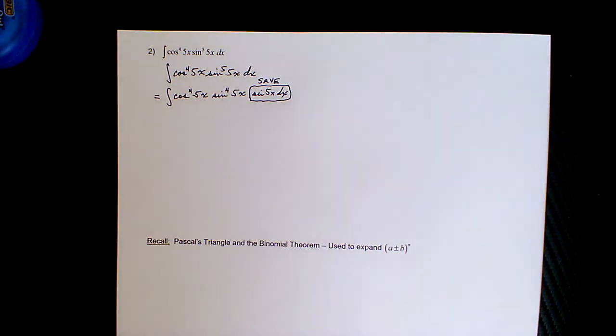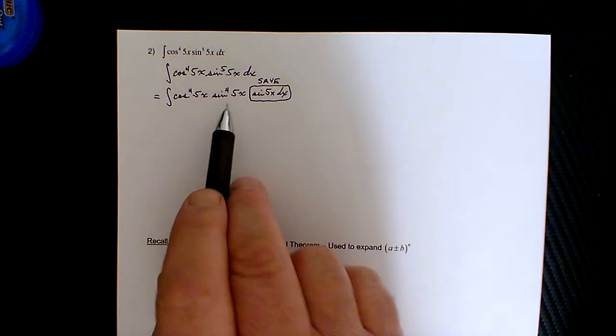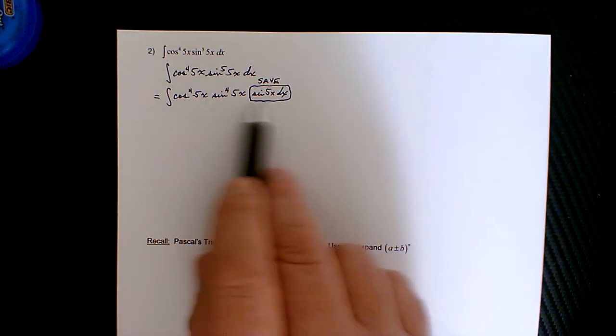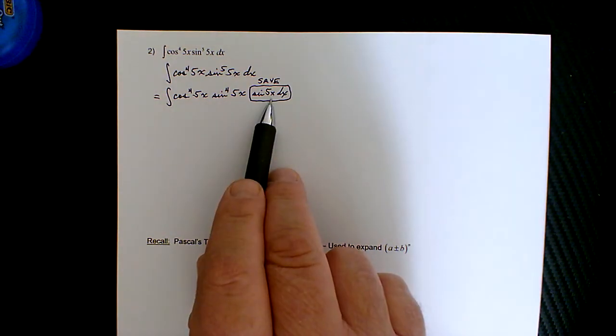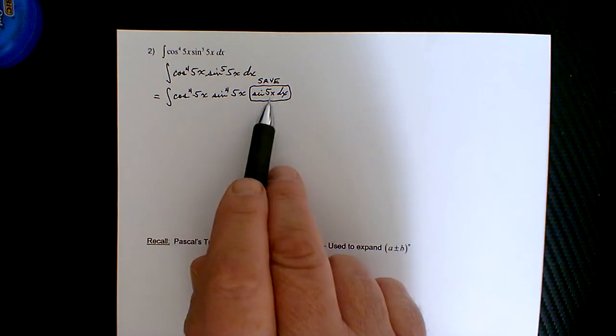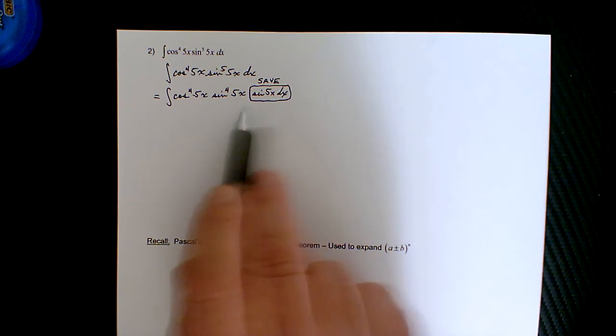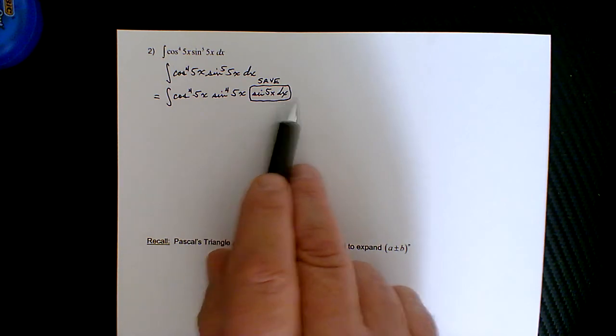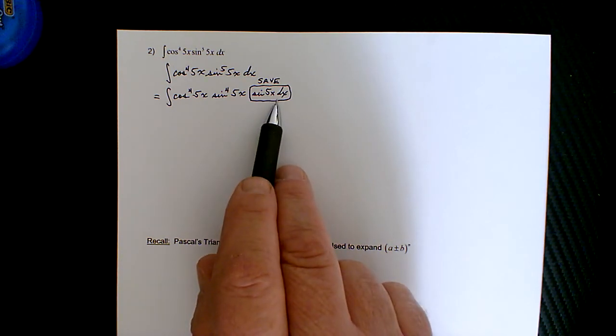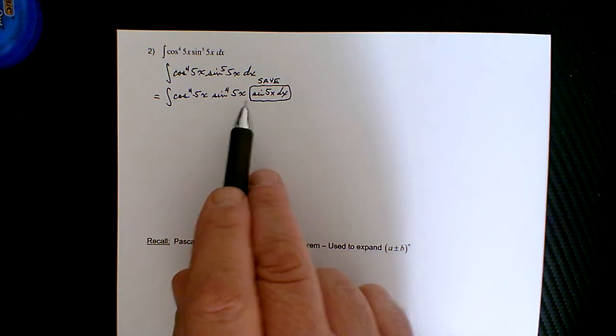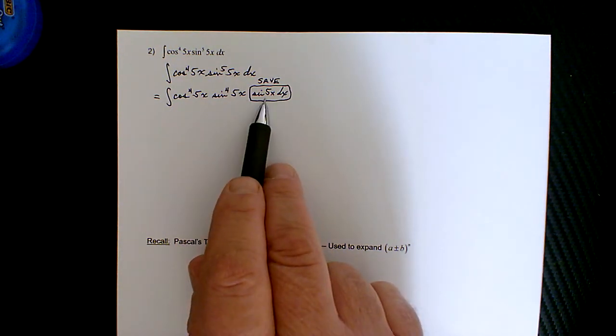So then you could look back at the cookbook recipe if you like, but the logical question to ask would be that if the sine of 5x is going to represent the du, what's the trigonometric function whose derivative gives us the sine of 5x? And we don't have to worry about the constant multiples, negatives, or anything like that, but the substance of the question is, what trig function has a derivative that gives us sine?